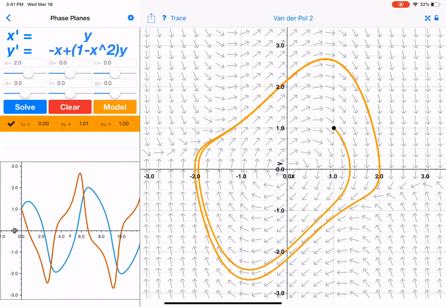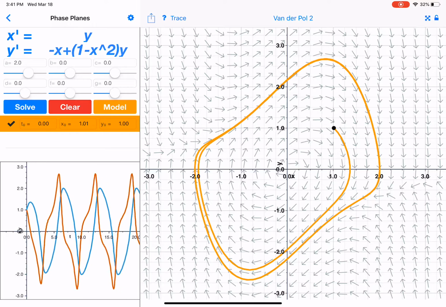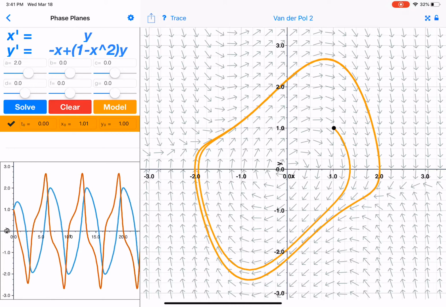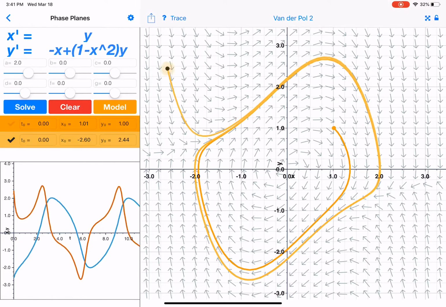I'm going to increase time here to see that x and y of t both are periodic. Okay, if I pick a solution that's outside of that periodic orbit, you'll see that, again, it spirals inward to the periodic orbit.